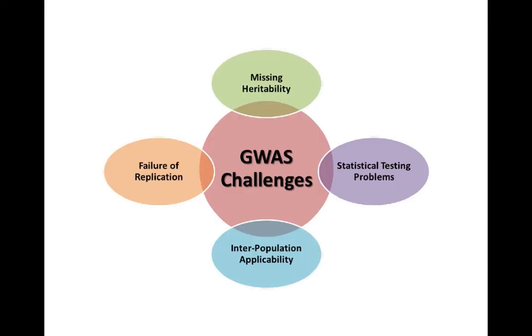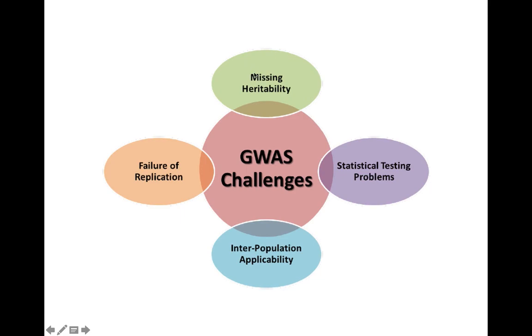So what this leads to is some challenges for genome-wide association studies. There's this question about why sometimes there's a failure of replication, whether or not a population sample in one case is applicable to another population. There's something called the missing heritability.